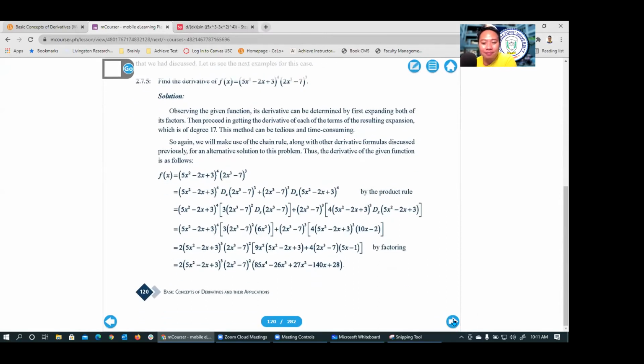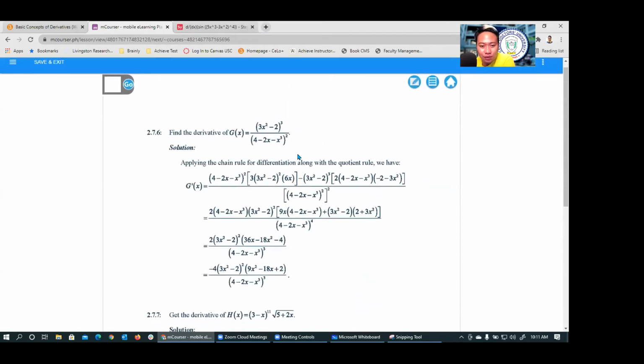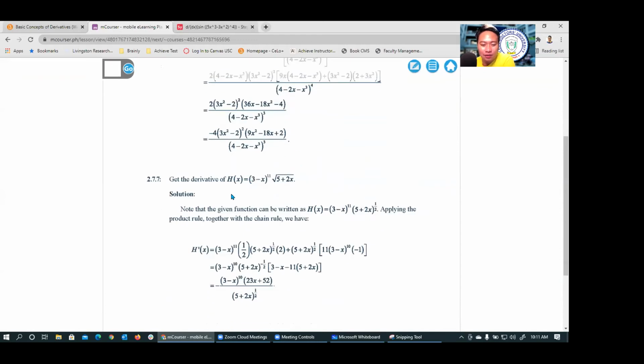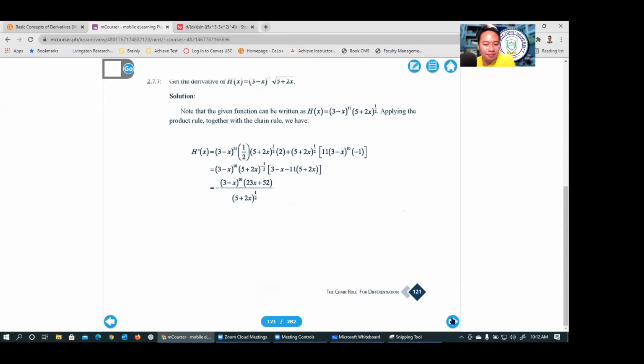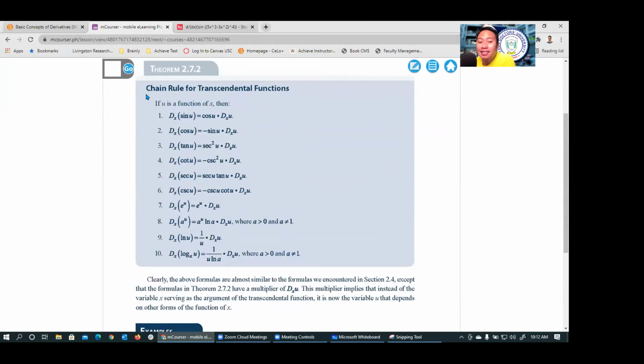So just study this, and this one as well, quotient rule and chain rule, and this is also product rule, (3 minus x) to the 11 and (5 plus 2x). All right, so with chain rule for transcendental functions, the derivatives that we have covered before will still be applied to the chain rule process.